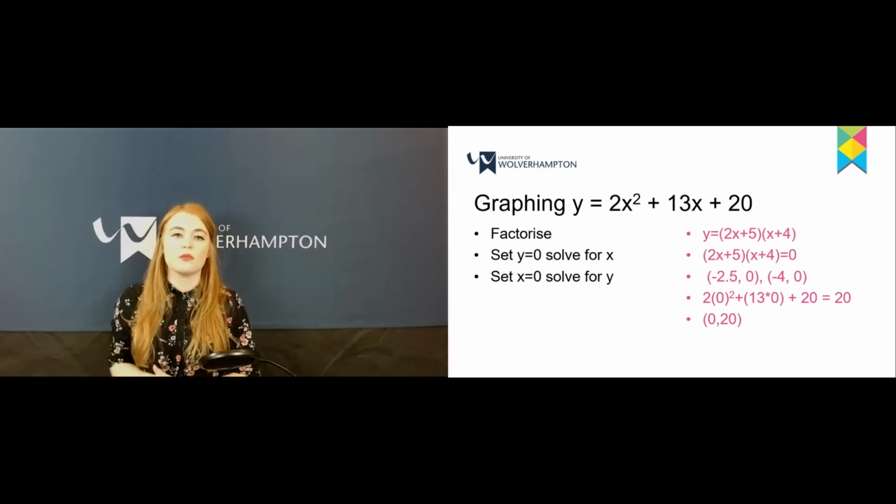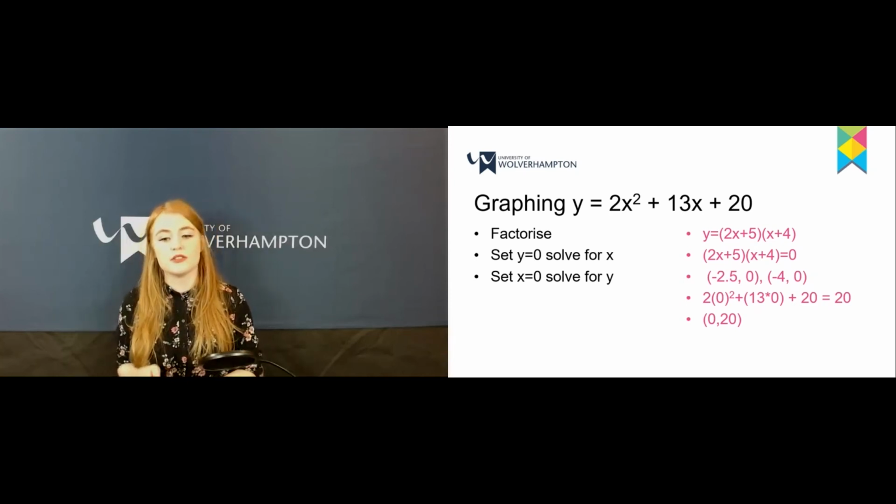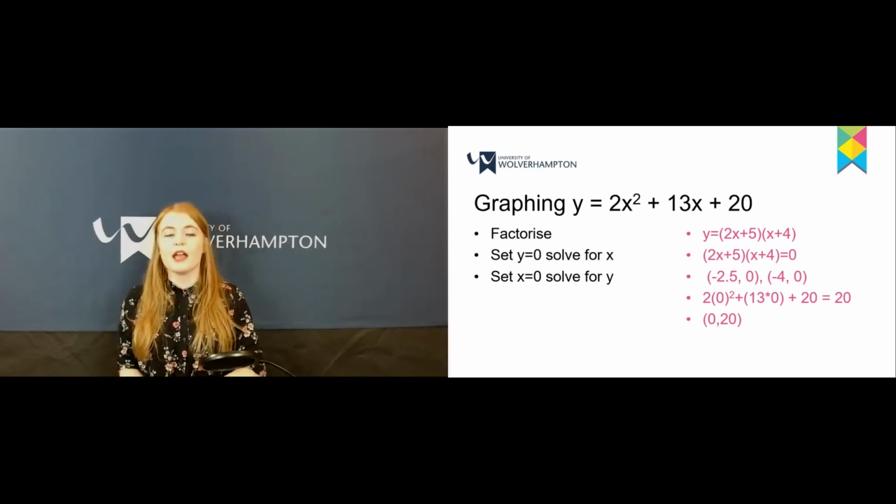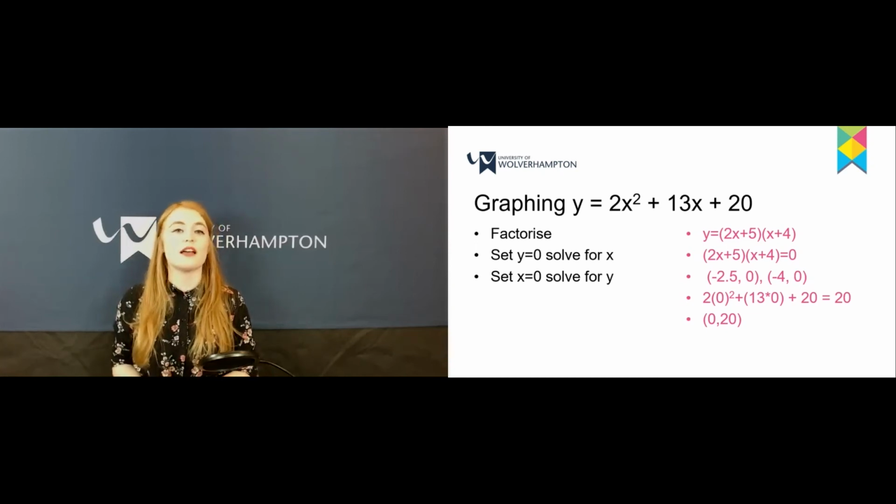So we set our y equal to 0, and we have 2x plus 5 equals 0. Well, we can use our algebra skills to rearrange this to 2x equals minus 5 and then x equals minus 2.5. And then we have our other bracket, which is x plus 4 equals 0. And again, we use our algebra skills to rearrange this for x equals minus 4.